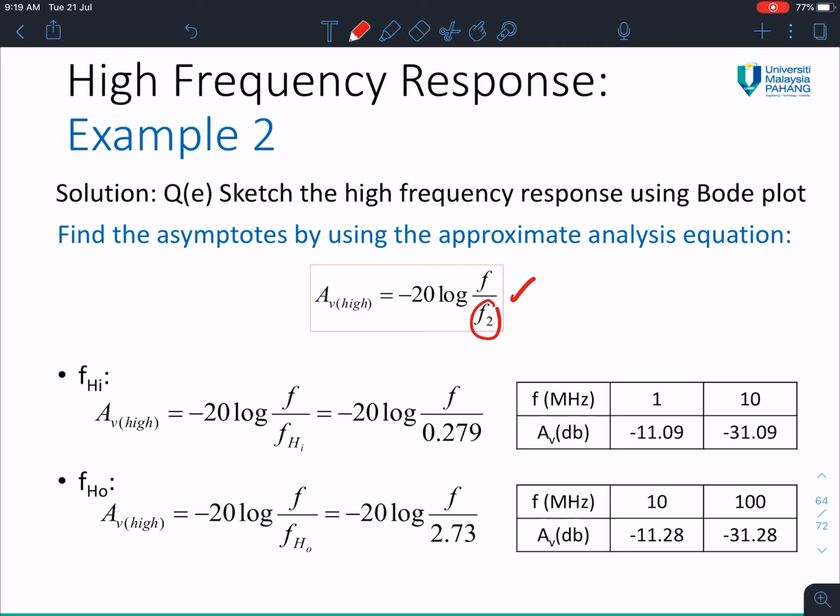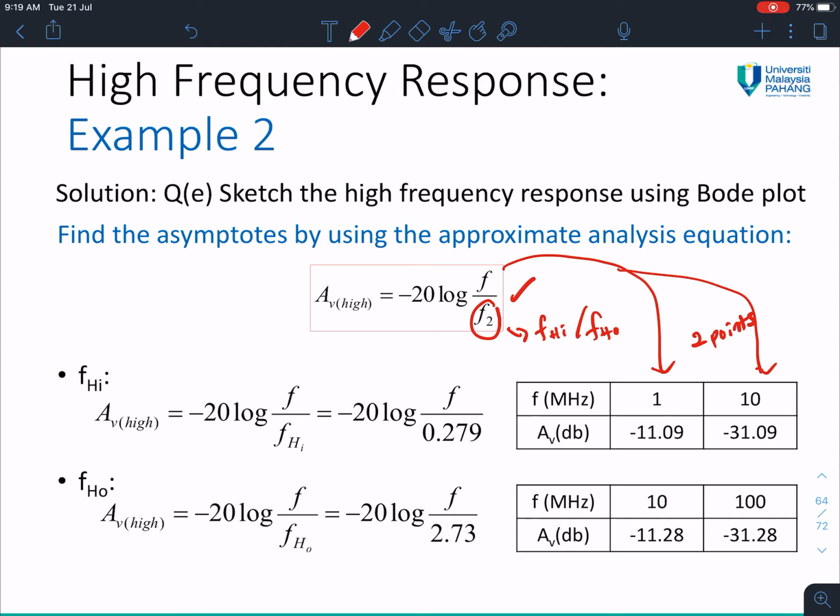F2 is actually FH in or FH out, and F is the frequency that we have set to get 2 points in the graph. These 2 points are used to draw the straight line.